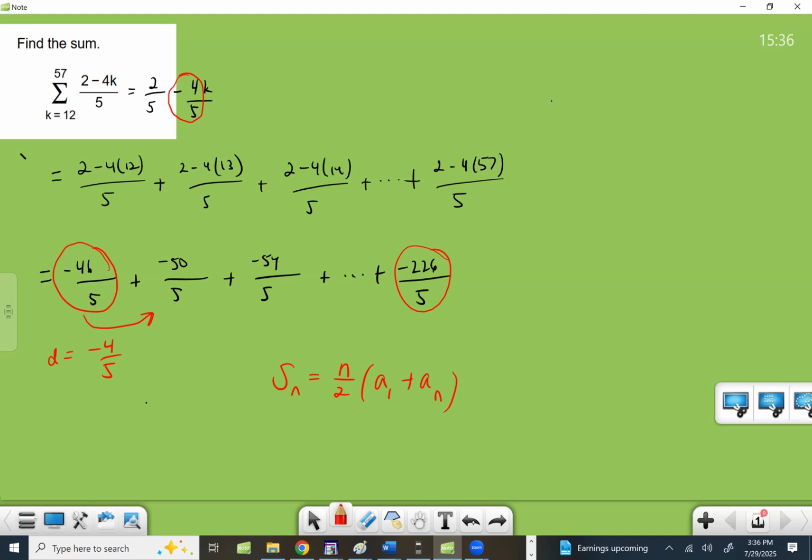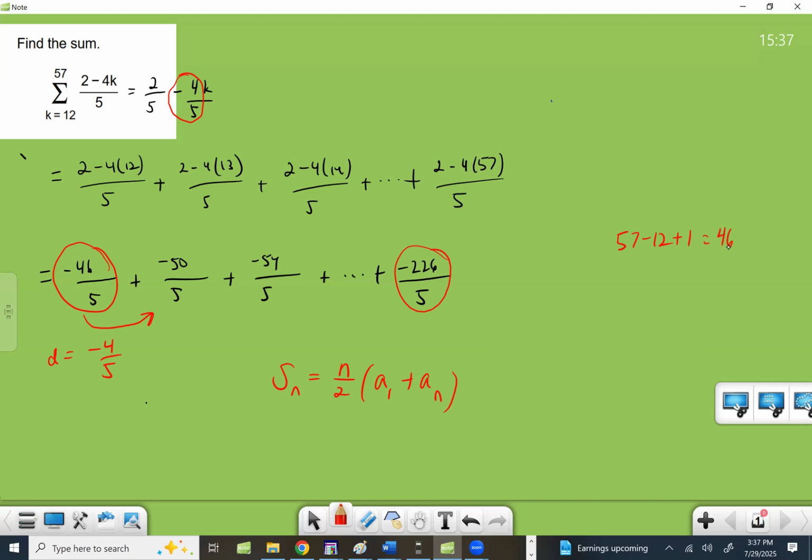We still haven't found the n. To find how many terms, you take your upper limit of 57, subtract your lower limit of 12, and then add 1 back. So it's 57 minus 12 plus 1. 57 minus 12 is 45, so that's 46 terms.